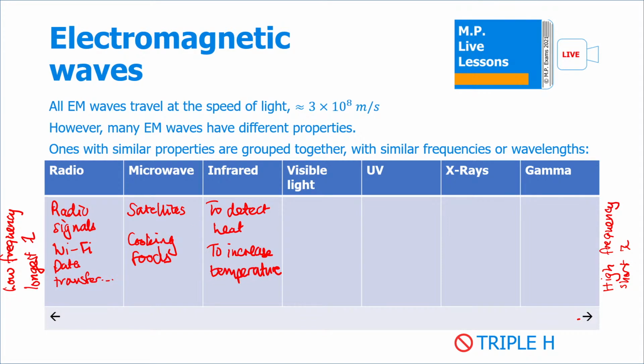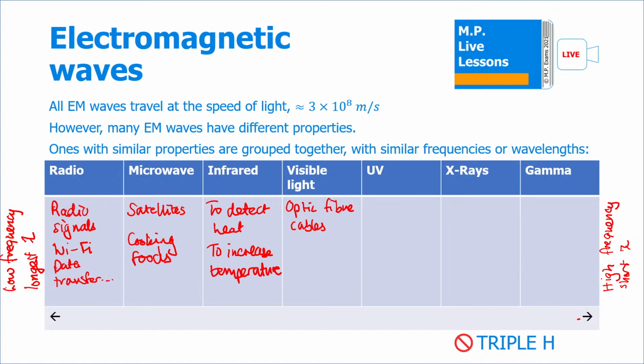Visible light is quite useful to us. For example, it has many uses such as optic fiber cables. That's like your Wi-Fi as well. And just simply seeing things.